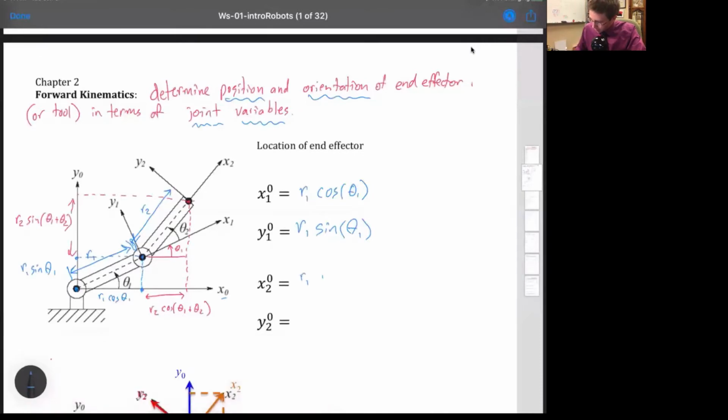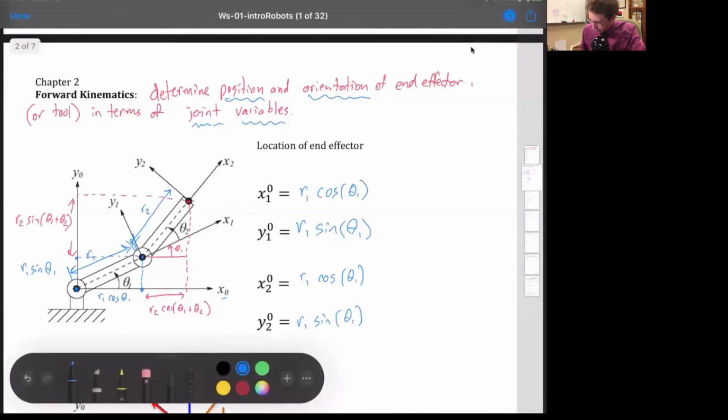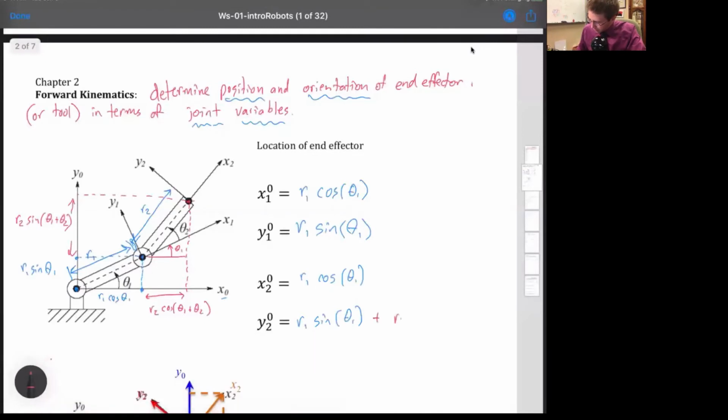So it's going to be r1 cosine theta 1, r1 sine of theta 1, and then we will add in plus r2 sine of theta 1 plus theta 2, and plus r2 cosine theta 1 plus theta 2.